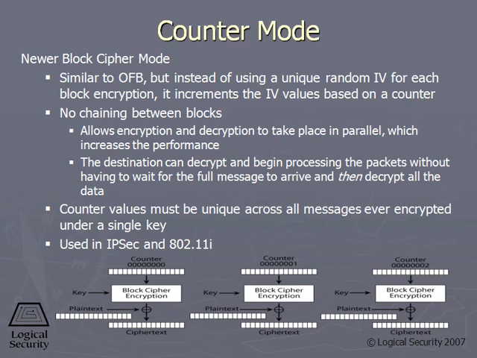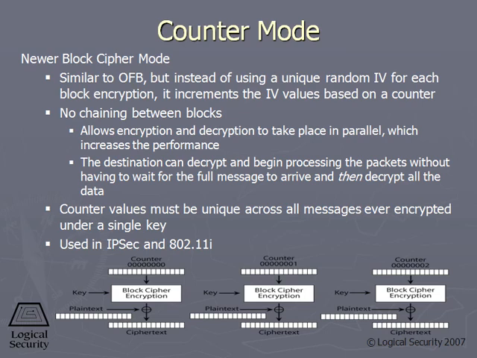So again, this is counter mode. It's similar to CFB. You have a block of data, and you use a key with the algorithm, initialization vector with the algorithm, and those two are used with the algorithm to create the key stream that will be used to encrypt this block, and what you end up with is a block of ciphertext.